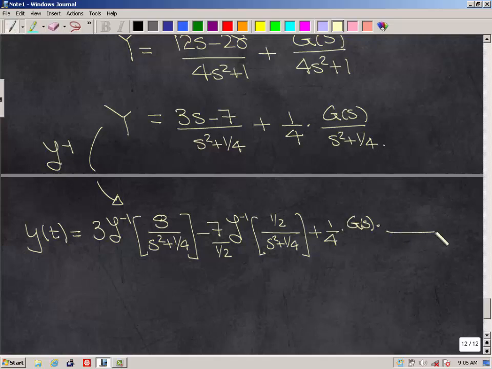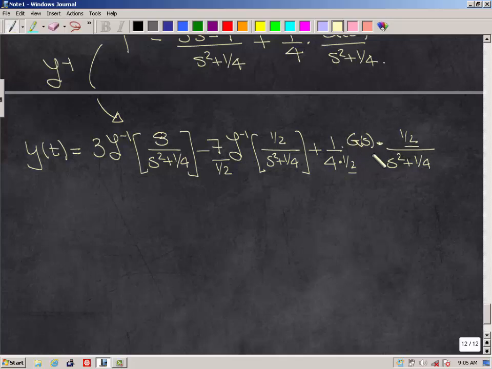G of s times 1 over s squared plus 1/4, so I need a 1/2 on the top, so I'll divide this by a 1/2, so there's already a 1/4 here. Okay, so we get a 1/2. We're going to divide by a 1/2. Since we multiplied by a 1/2, we're going to divide by a 1/2. Okay, now I wrote this purposely as a product because we're going to introduce convolutions, because convolutions deal with products of transforms.